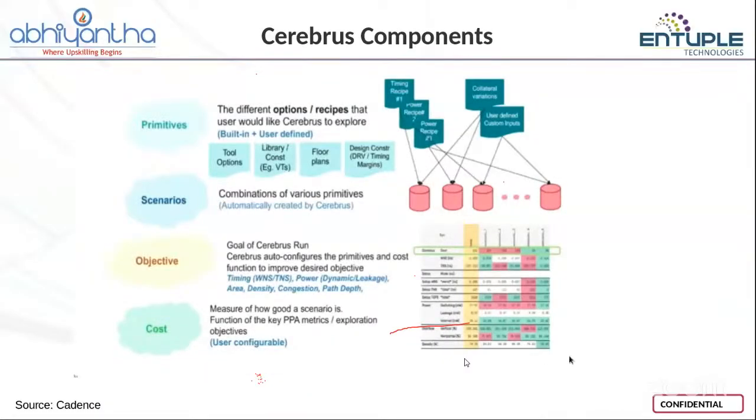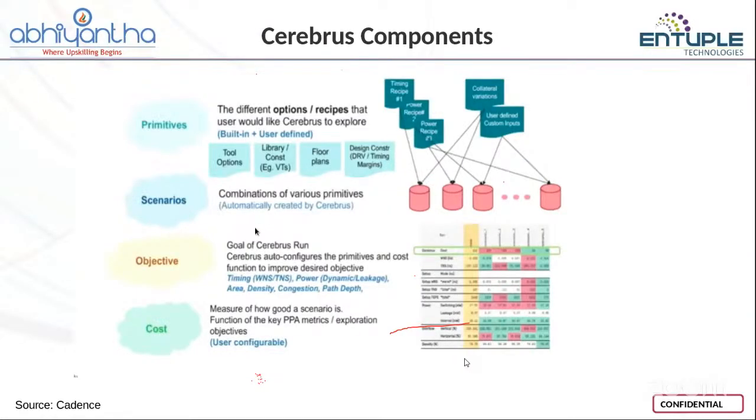So what are the main components in Cerebrus? The first thing is your primitives. Different options and different recipes will be there, which are all built in, and user defined parameters for floor plan, library cost and design constructions.